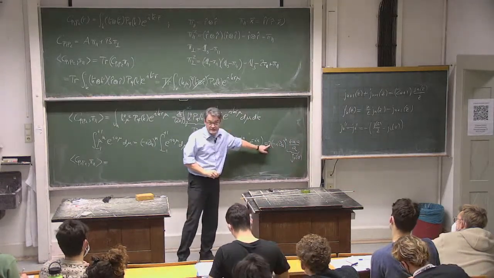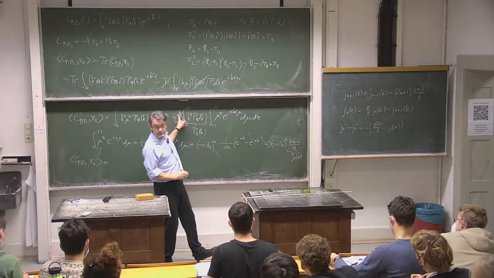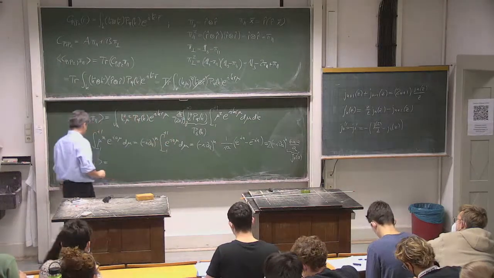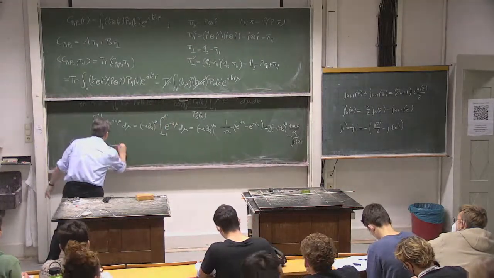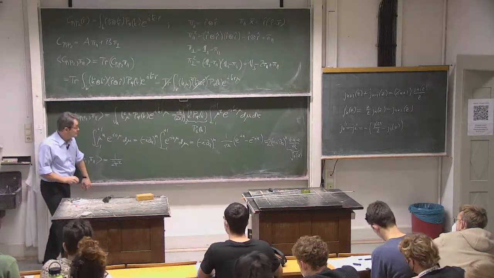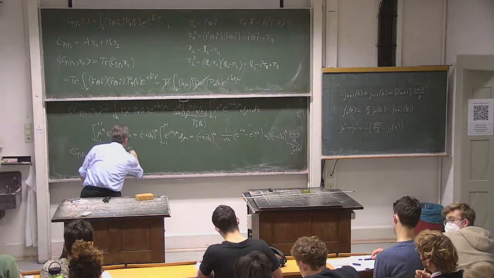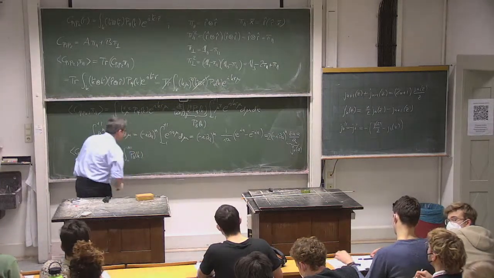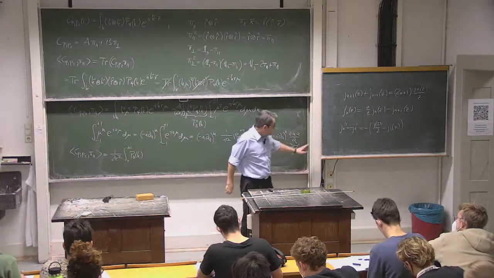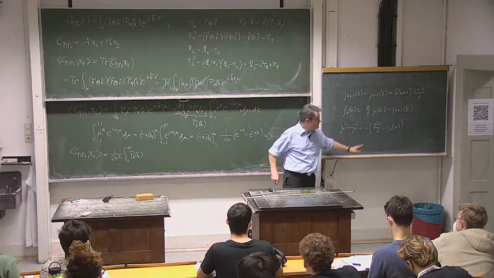Gives me a factor of 2 from here, a factor of 2 pi from here. So what remains is a 1 over 2 pi squared. Now without parentheses. Then we have an integral 0 to infinity p delta of k, and then we have the result of the second order derivative without the minus sign.